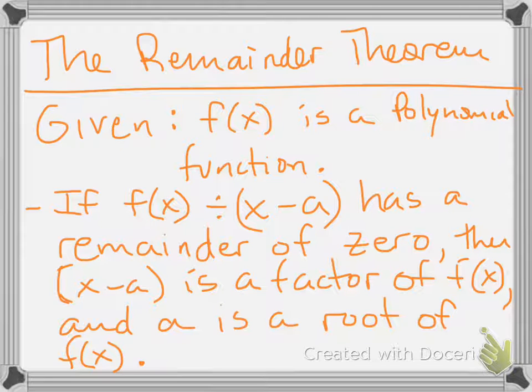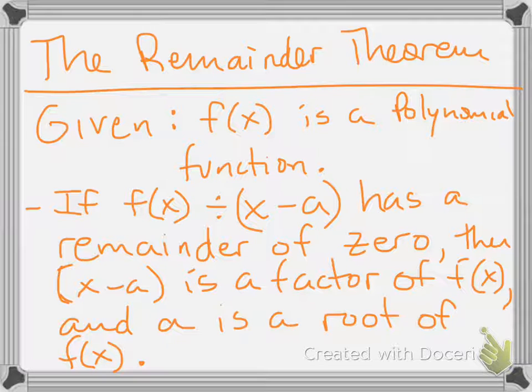The 4 gave us a 0 when we were working with f of x equals x to the fourth minus 256. 4 gave us a 0, negative 4 gave us a 0. That tells us that 4 and negative 4 were roots of the polynomial. Okay, and it tells us that x minus 4 and x minus negative 4 were both factors of the polynomial, and they were indeed when we looked at the factorization.